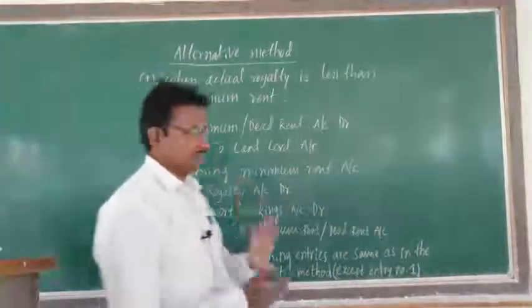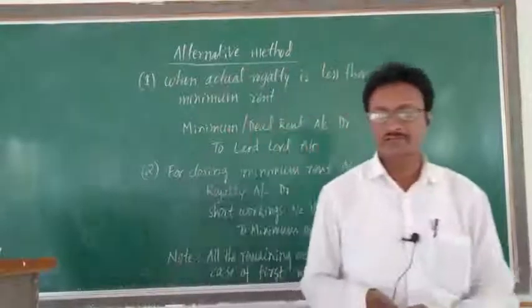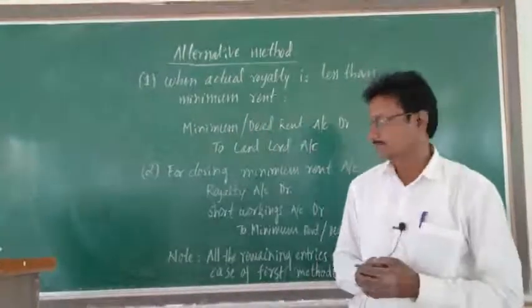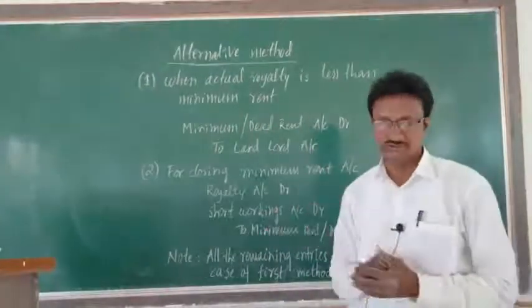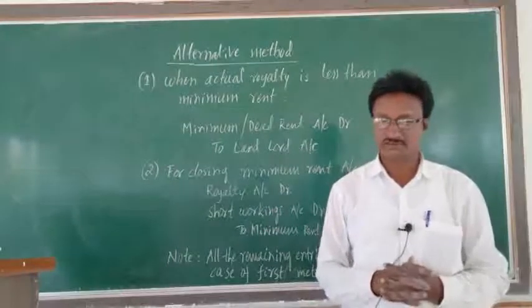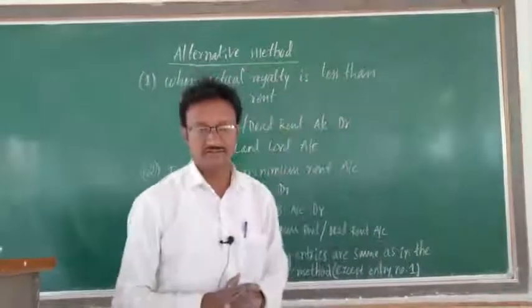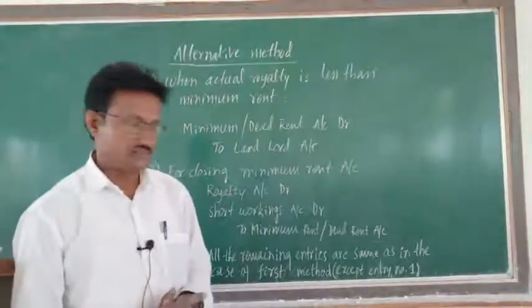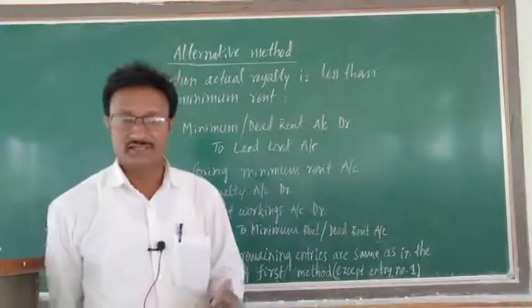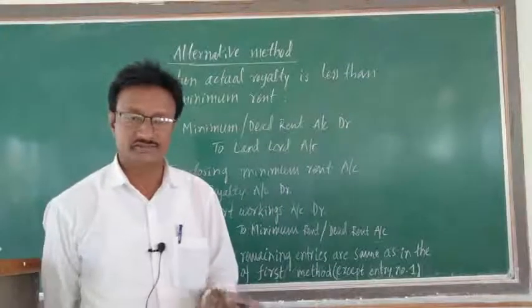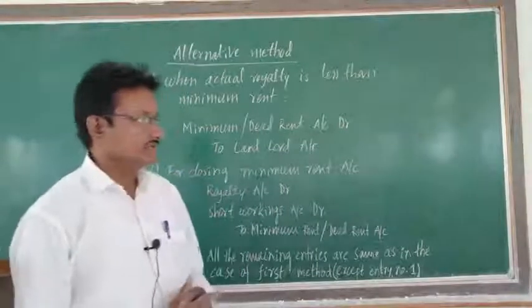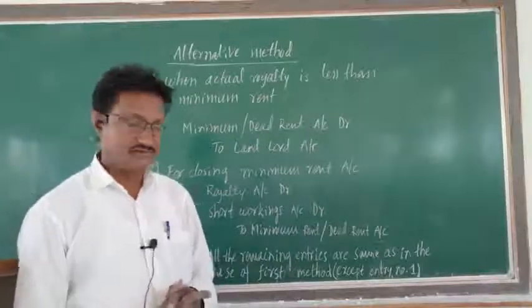First, debit to minimum rent account, and next minimum rent account is closed. Or only one entry is passed as in the case of the first method, that is royalty account debit, short workings account debit to landlord account, and all the remaining entries are the same.